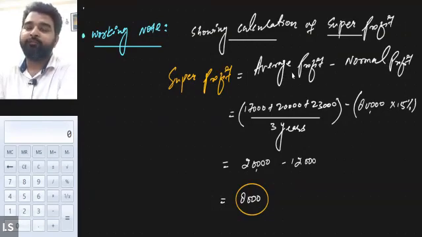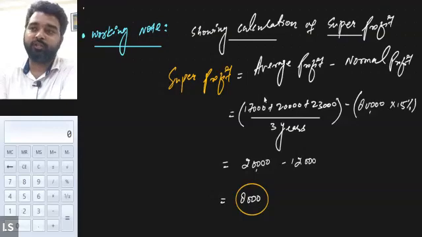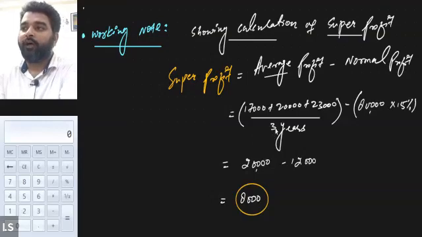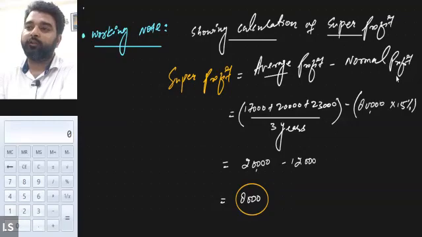And for finding out the average profit of the firm, we will add the preceding 3 years profit, 17,000, 20,000 and 23,000. We have taken the profit of the last 3 years and then divided it by 3 years to find out the average profit. And after that, we have subtracted the normal profit from the average profit.